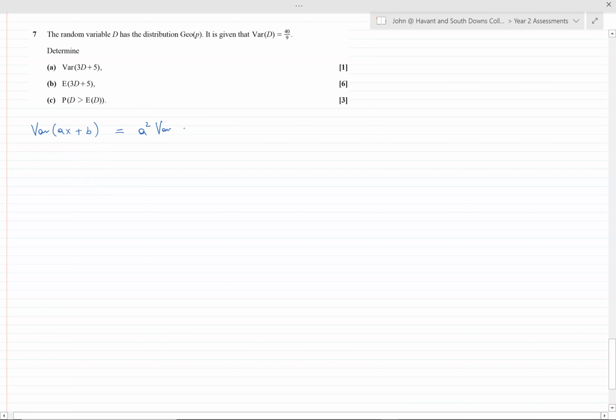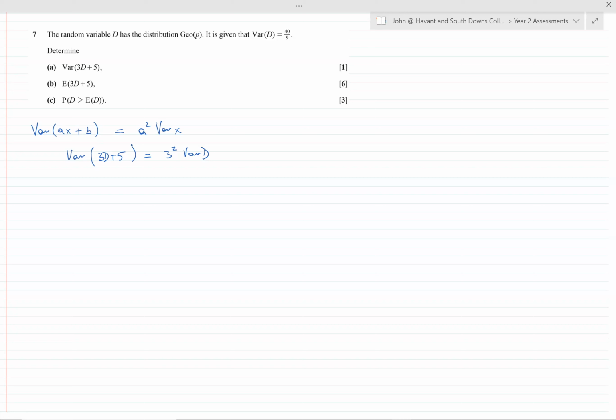And because the variance involves squares, we would have that being equal to a squared var x. So in this case, we'd have var of 3d plus 5 equals 3 squared var d. And there are formulae for the variance of d.